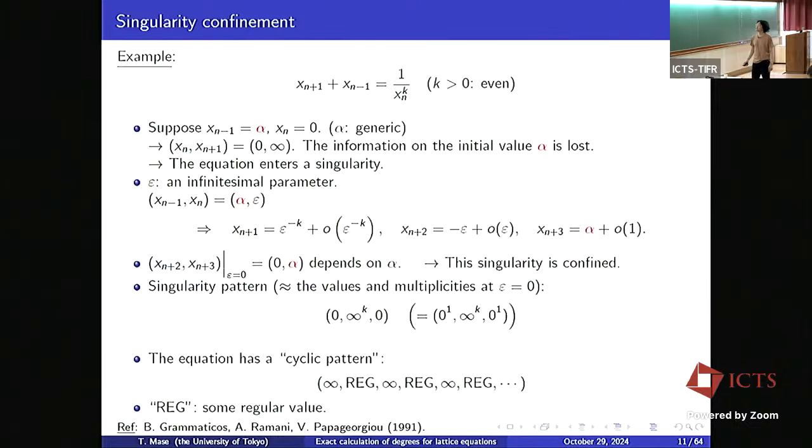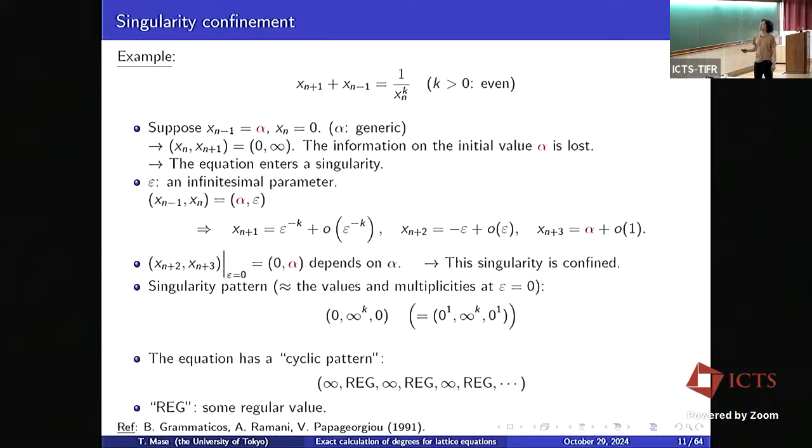So let's change the subject to singularity confinement. Yesterday we had 2 talks about singularity confinement, but let's review it briefly. Let's take this equation as an example. k is an even positive integer.